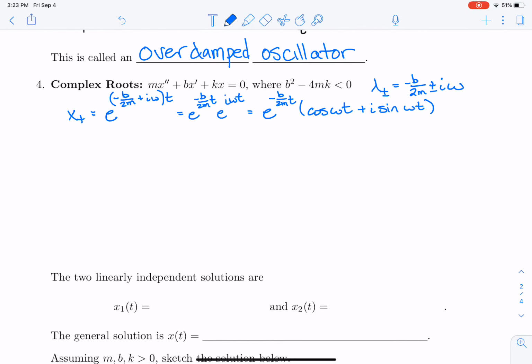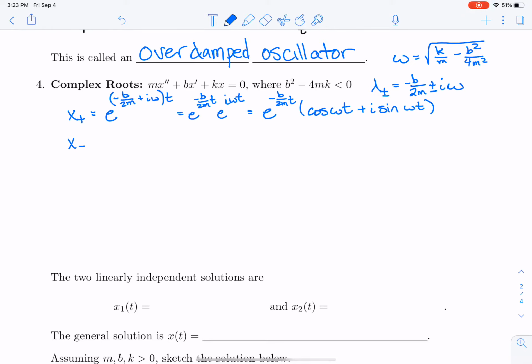Again, maybe I haven't made this clear. Omega is going to be the square root of k over m minus b squared over 4m squared. So it's the negative of what was in the square root. Okay, I'm going to call that x plus.